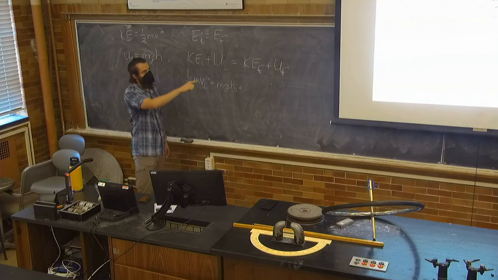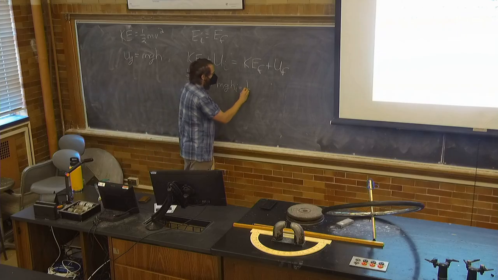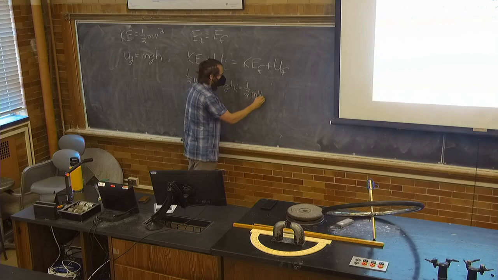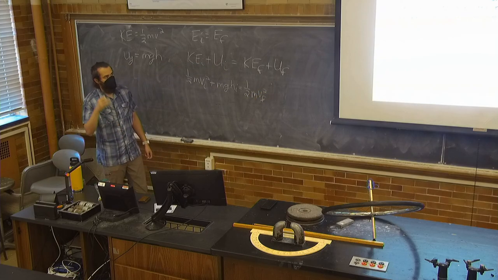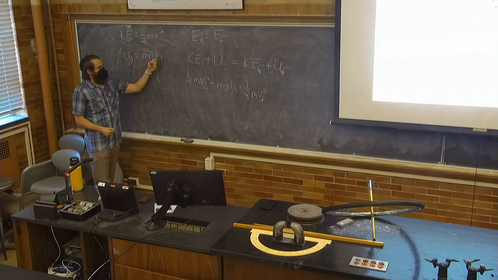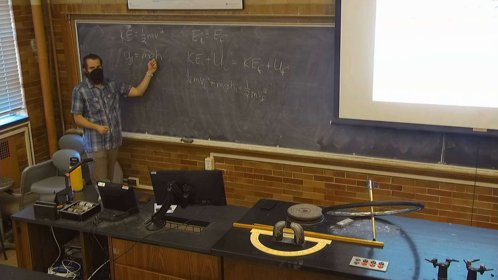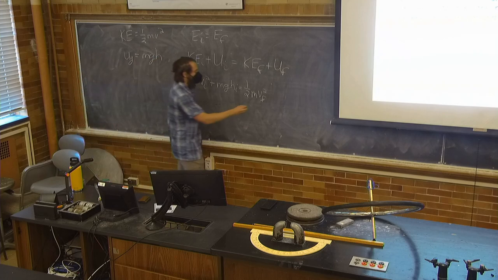We're trying to find the final velocity, so we want to know what this final kinetic energy is. And we're finding the velocity right before it hits the ground, so we're calling the ground a height of 0. So if you plug 0 into this equation, you just get 0 potential energy.